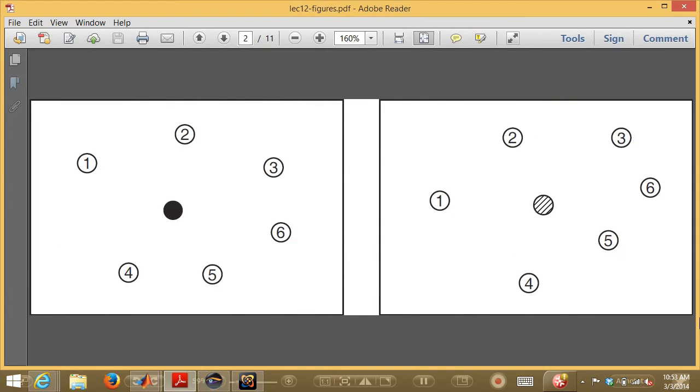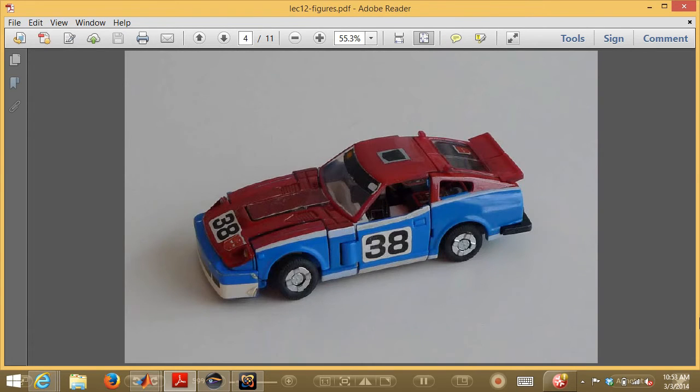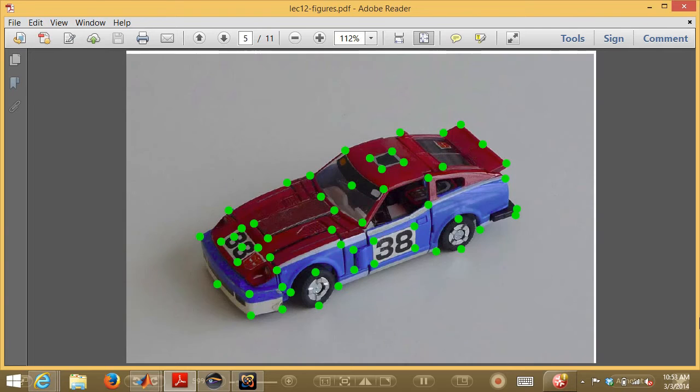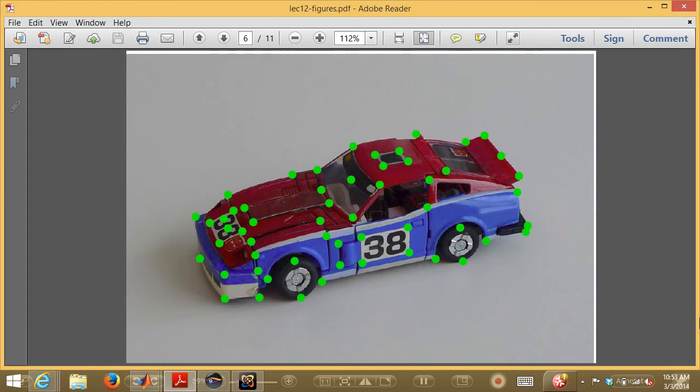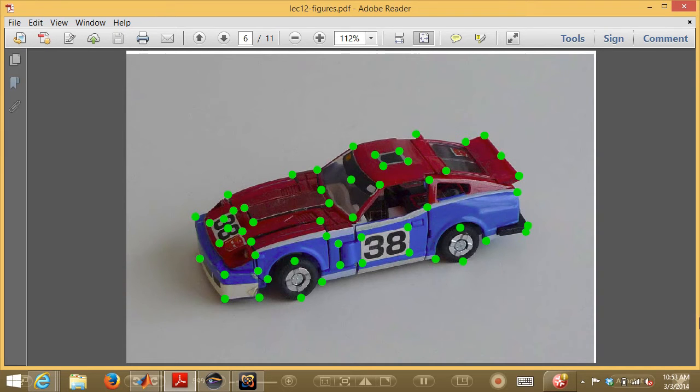Let's look at an example of how this works in real life. Here's an example I put together. Here's image 1, and here's image 2, right? For this, I manually made a bunch of dots on image 1 and image 2. You can see that I've put them on places like corners and edges where I could personally vouch for the fact that those were good matches.